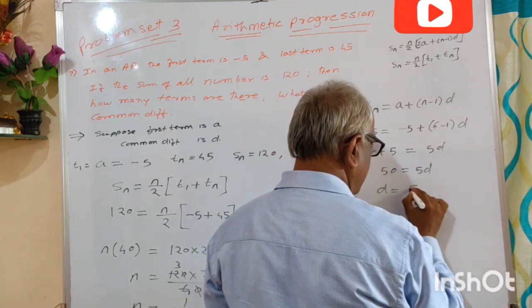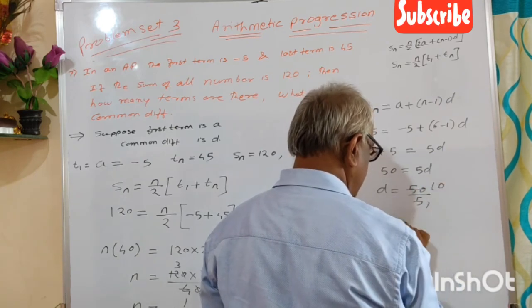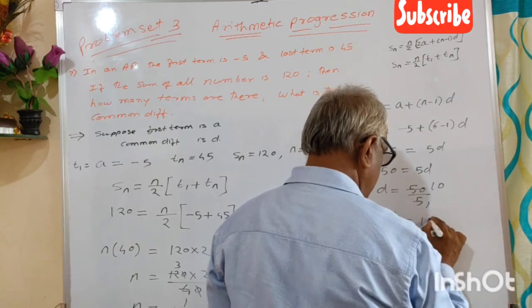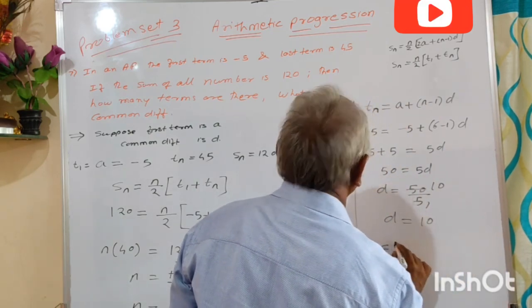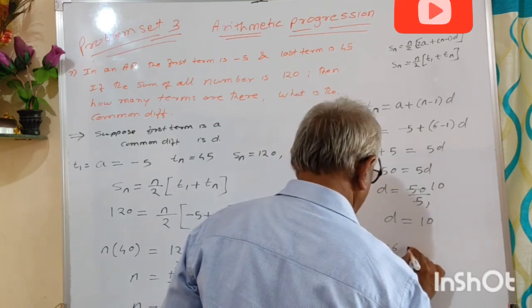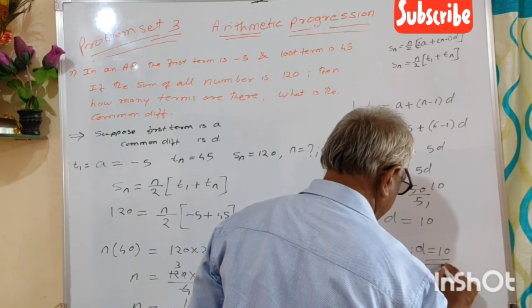Therefore D is equal to 50 upon 5, 5 ones are 5, 5 tens are 50. Therefore D is equal to 10, and we got n is equal to 6 and D is equal to 10.